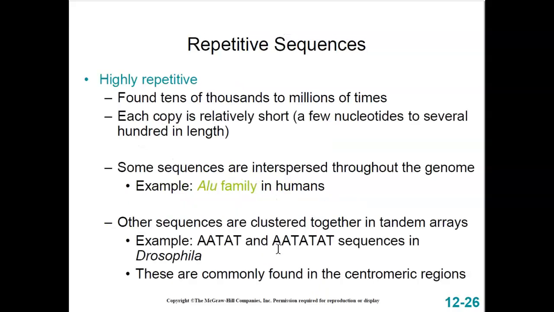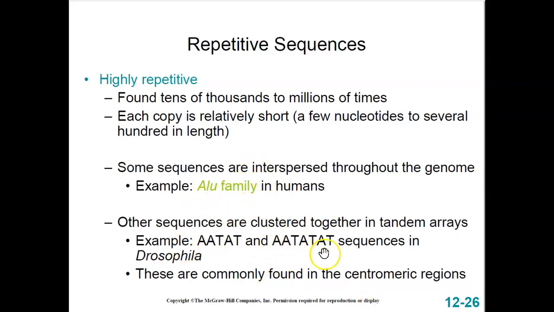Now, the highly repetitive elements, you find these tens of thousands of times in an individual chromosome. They're pretty short, several nucleotides. Here's an example, AATAT or AAT. These are repetitive sequences that you'll find sprinkled throughout the Drosophila genome. In humans, we have something called the ALU family of repetitive sequences.